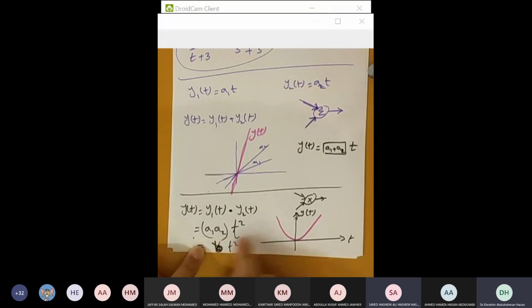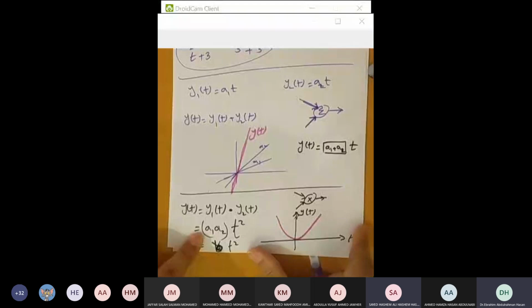For example, if this is 1, then 2 will be a bit narrower here, and so on. If it is less than 1, then I will get this parabola here. So it will either expand or shrink.